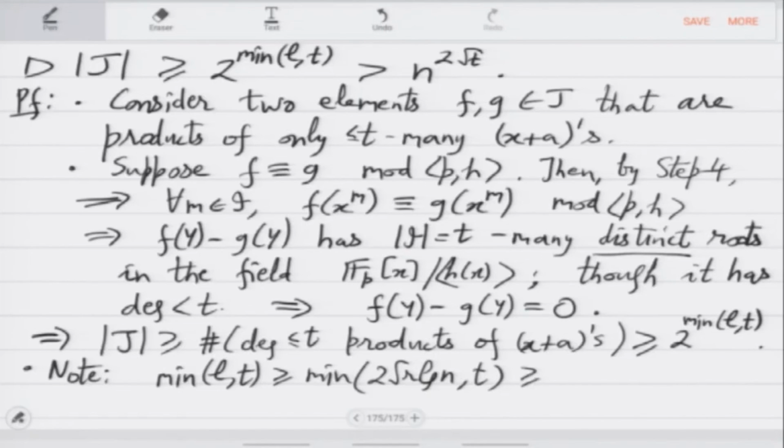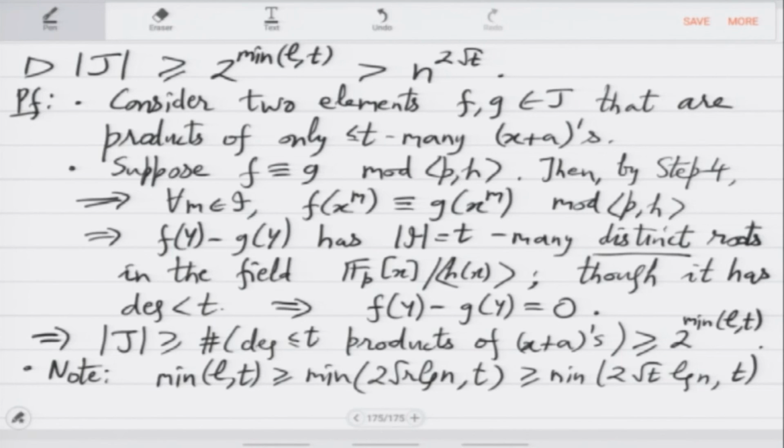Remember that T is less than or equal to R, because T was the size of the group mod R, right. So, this is min of 2 square root T log n, comma T. What is the min of these two numbers, these two functions?